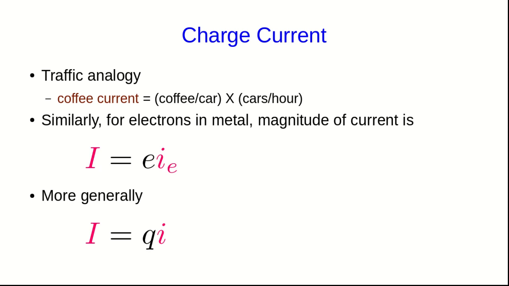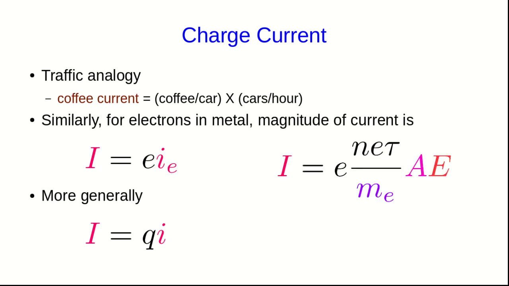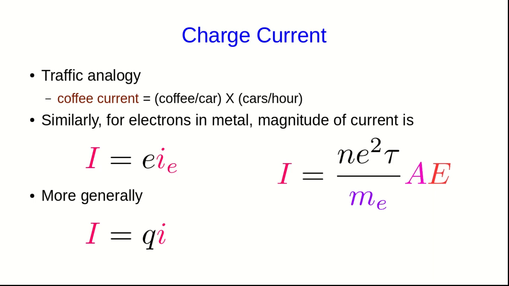More generally, if we have anything else, like a solution with ions in it, then the current will be the charge of the charge carriers times the charge carrier current. And since we have an expression for the electron current, we can then get this full expression for the current in terms of other things, which rearranges to look like this.